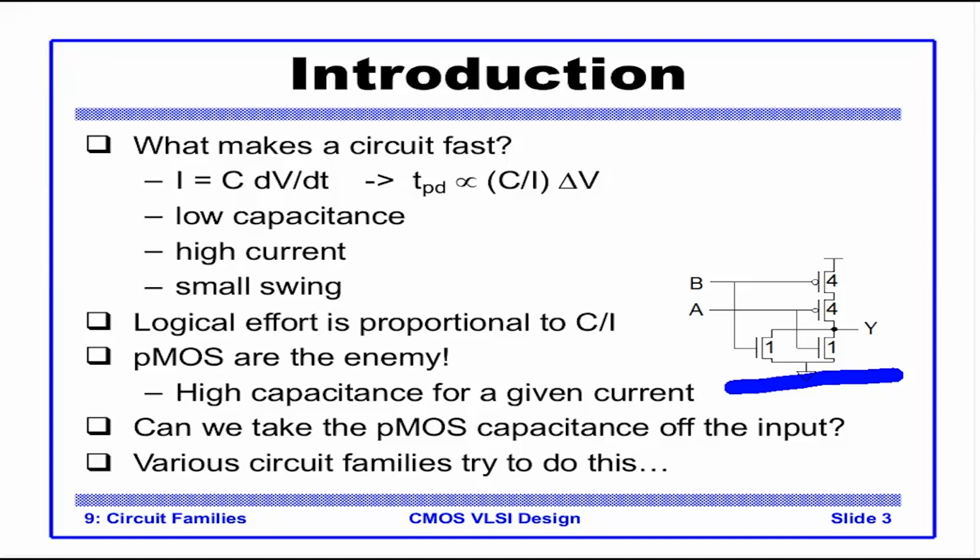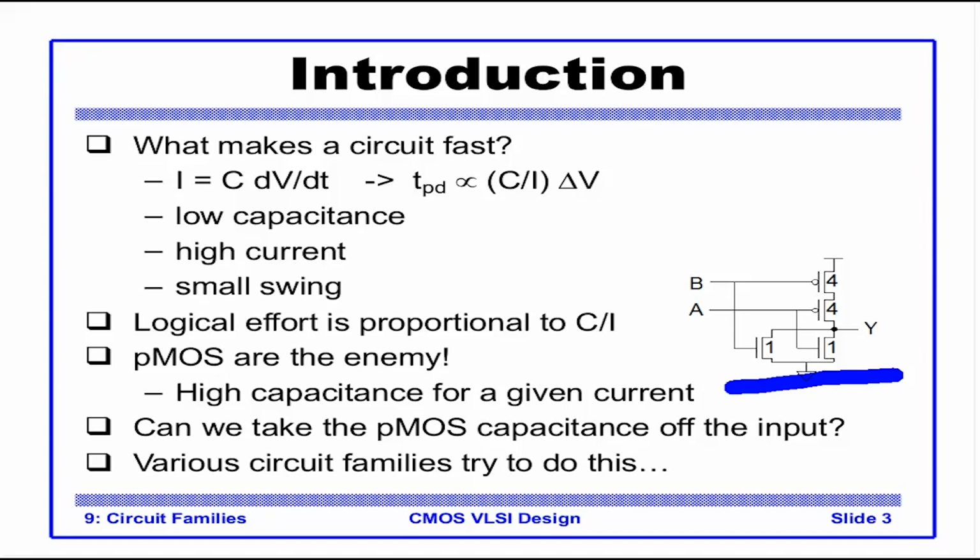Let's see the input capacitance. A will see a capacitance of 4C plus 1C, total 5C. For the output, it is 4C plus 1C plus 1C, which is 6C.